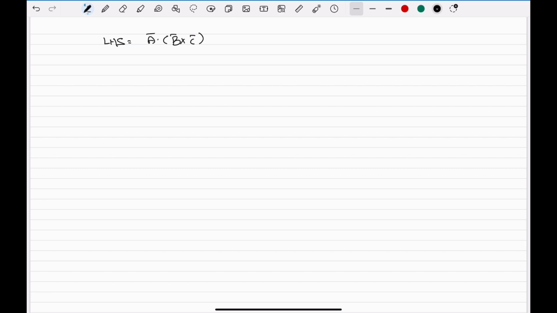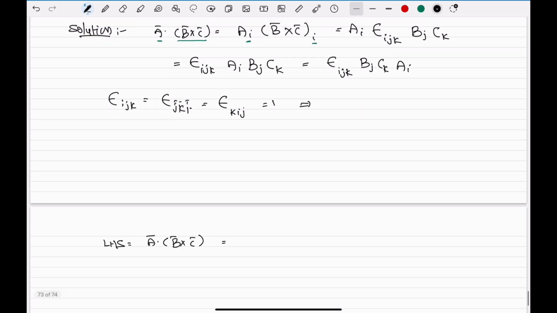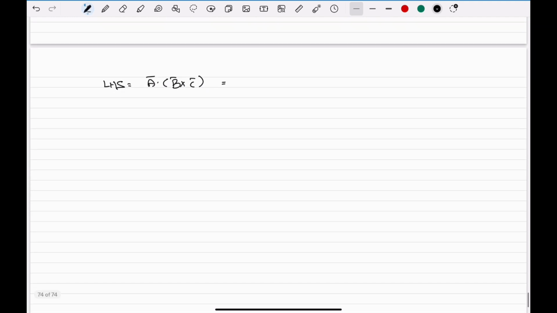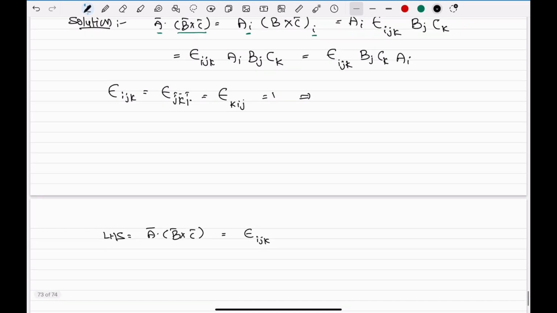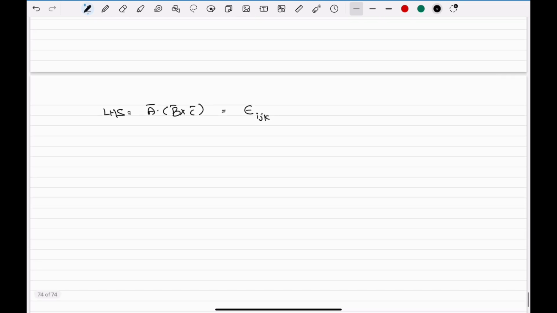And second thing also, it may look a little bit lengthy when you are doing it logically, but once you practice it, you will be able to solve it orally also. A dot B cross C can be what we have written, epsilon ijk a i b j c k.